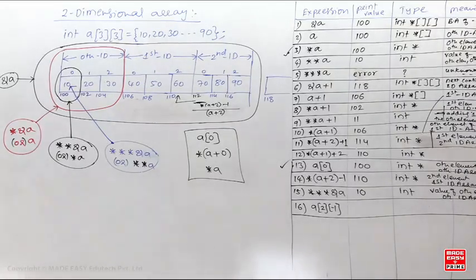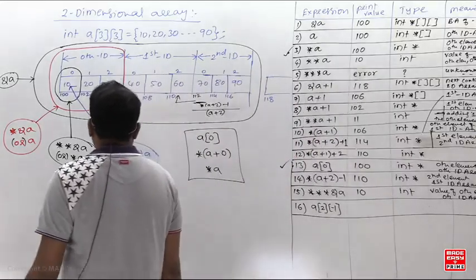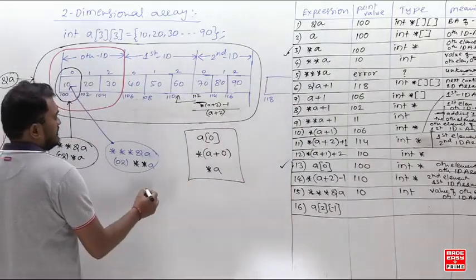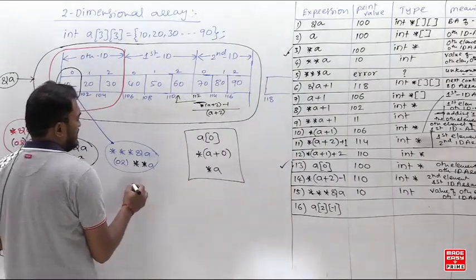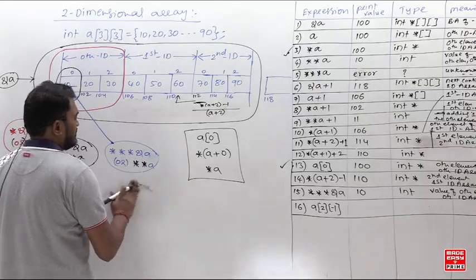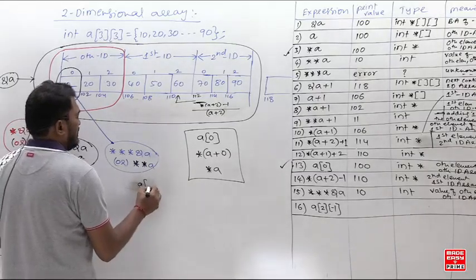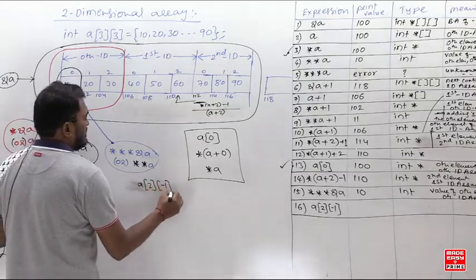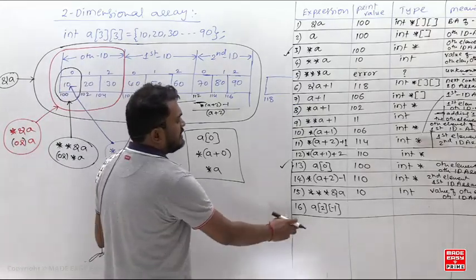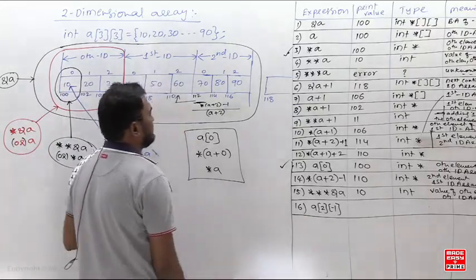Expand it. Last one. A of 2 minus 1. Okay. Number 16. Interesting.